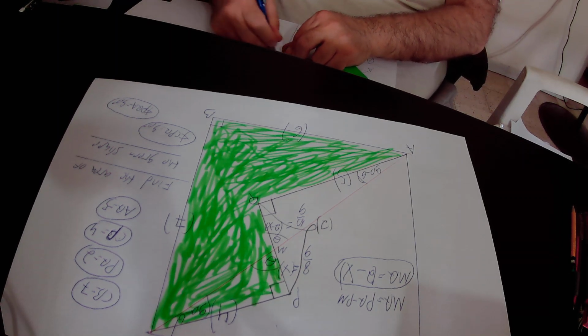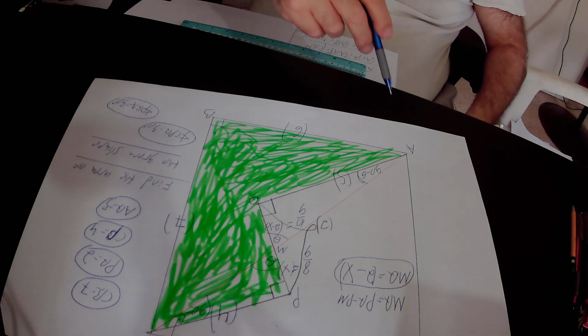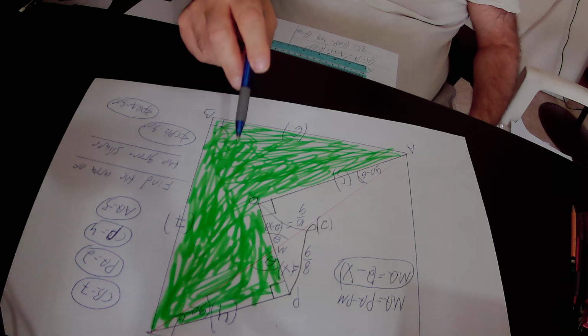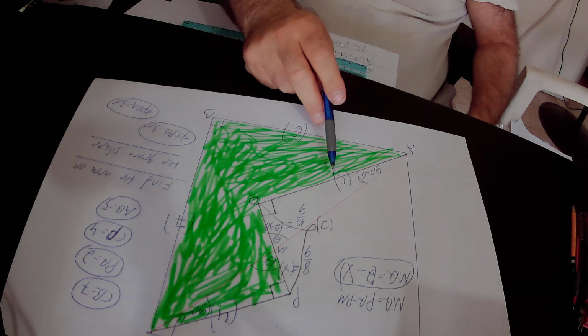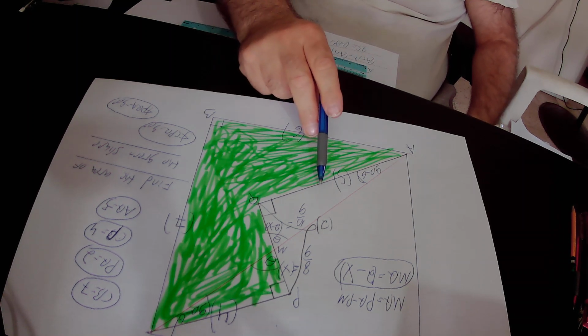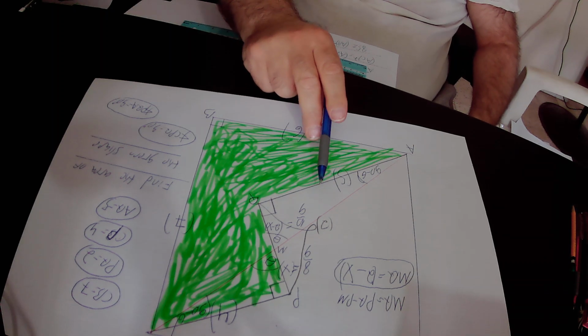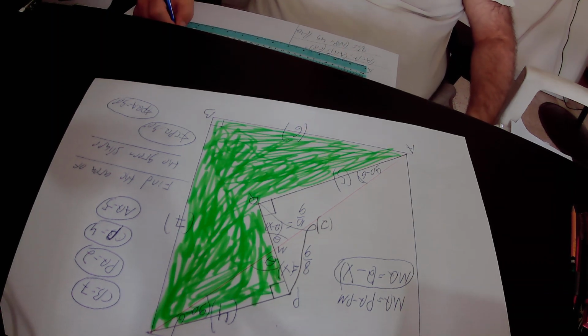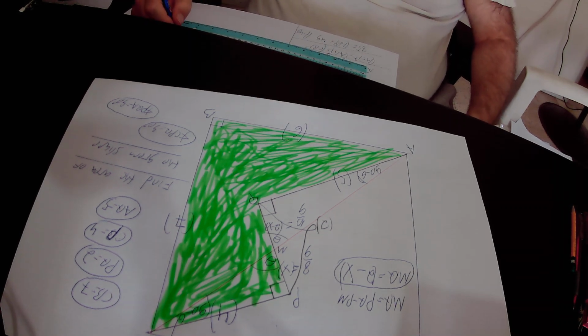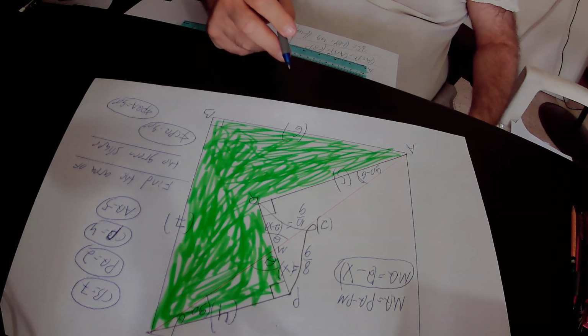The area of the green shape equals the area of the big right triangle ABC. Because the area of triangle ABC also includes the area of the right triangle AQM, we have to subtract the area of this white triangle AQM, because we are interested only in the green area.